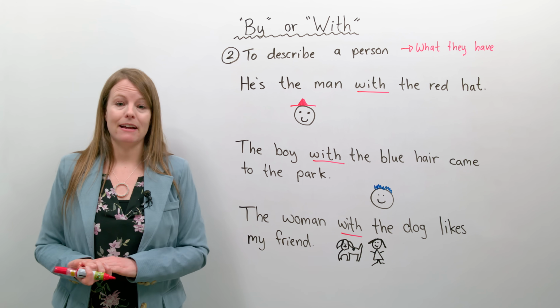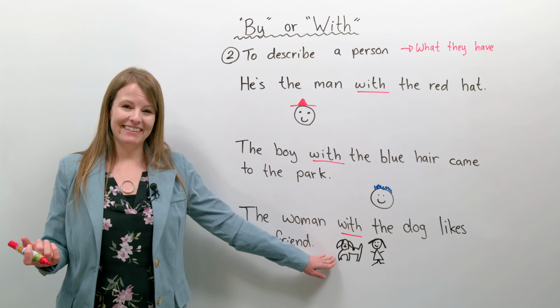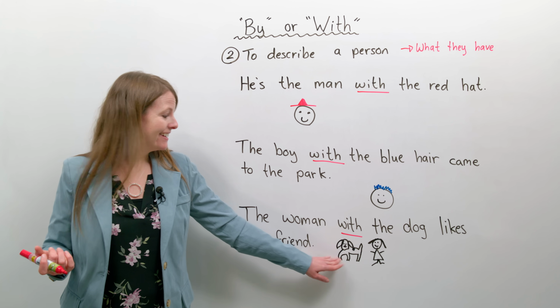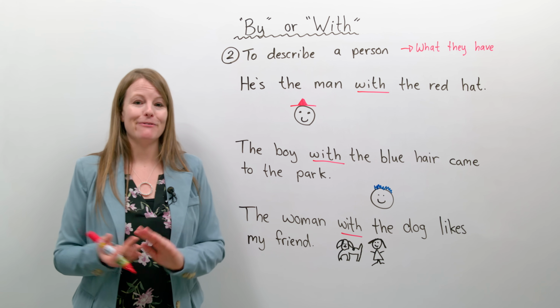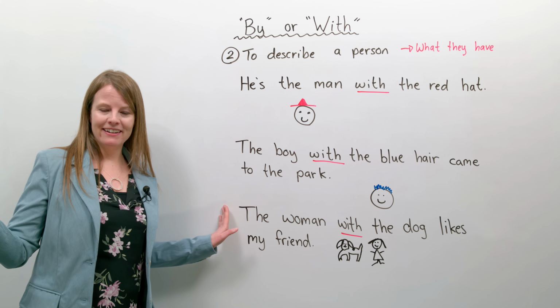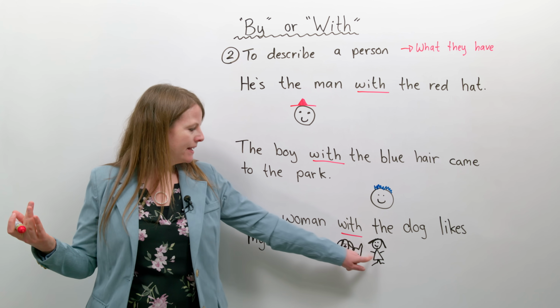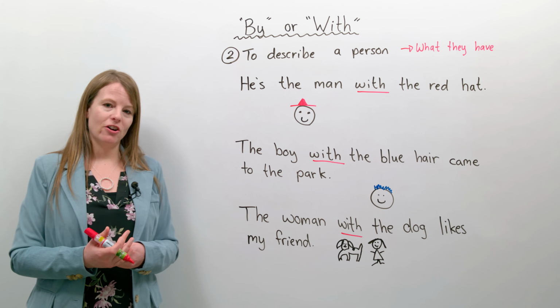Let's look at another example. You might not understand what this is. This is a dog. This is a woman. I'm sorry for my bad drawing, but I can say, which woman? Oh, the woman with the dog. So the woman who has the dog.